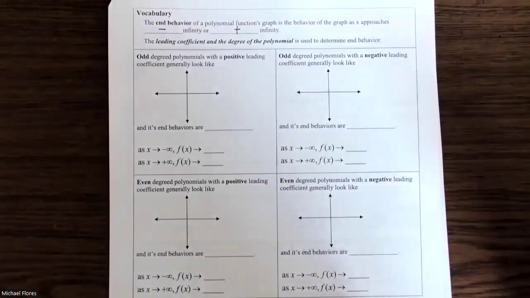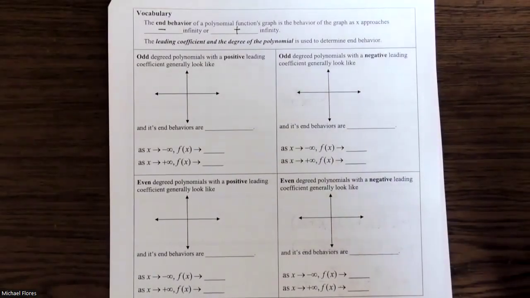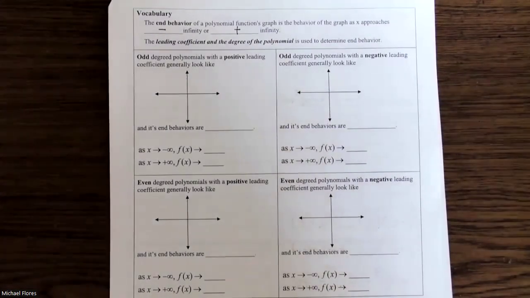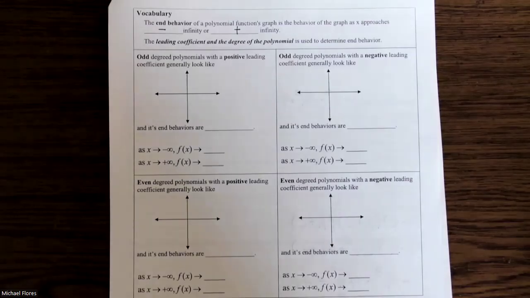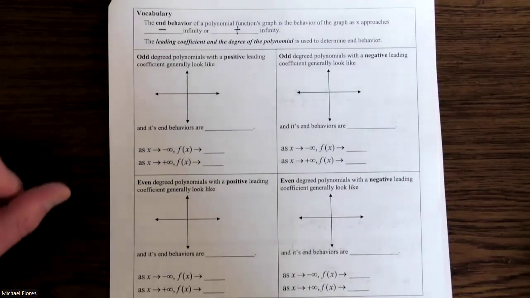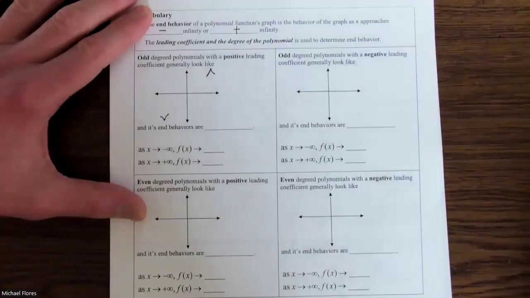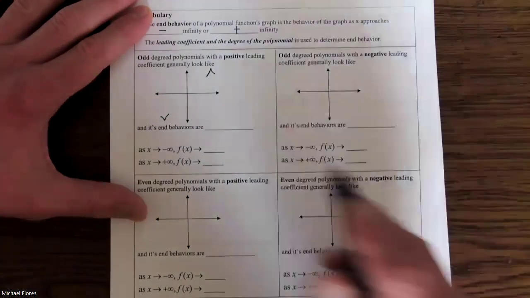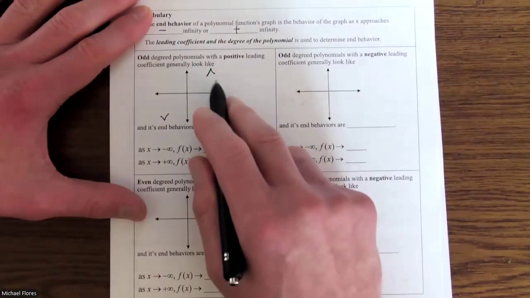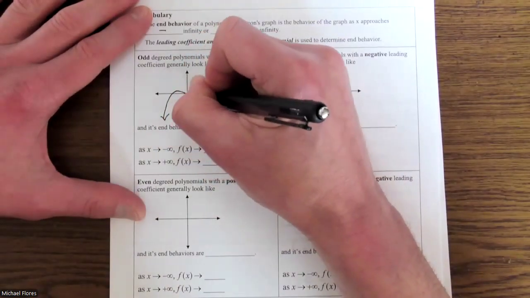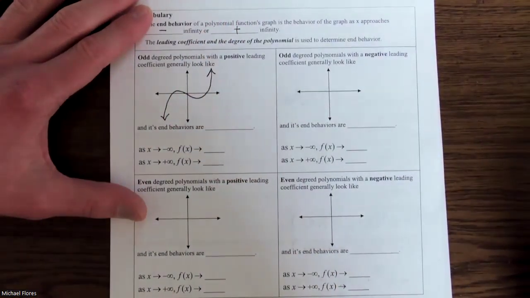So odd degree polynomials with a positive leading coefficient generally look like this. If it's odd degree, you know the arrows are going opposite, and if the leading coefficient is positive, that means the last arrow must be pointed to positive infinity. So my arrows are opposite, the last one's going to positive infinity, so they tend to look something kind of like that.